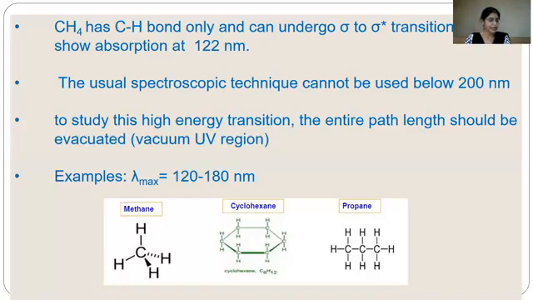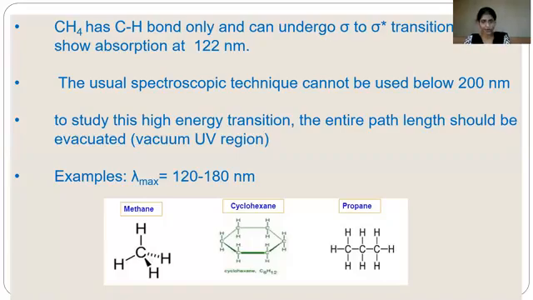These are a few examples of sigma to sigma star transition. Methane: in the methane molecule, there are four carbon-hydrogen bonds. In propane, two carbon-carbon sigma bonds and eight carbon-hydrogen sigma bonds. In cyclohexane, six carbon-carbon sigma bonds and twelve carbon-hydrogen sigma bonds. All are examples of saturated molecules and show absorption between 120 to 180 nanometer.